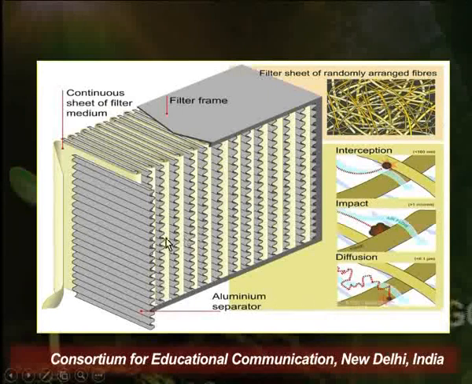So after passing through this entire filter frame, the air is almost free from any kind of contamination, be it large dust particles or be it any thread or lint or any other microbial contamination.